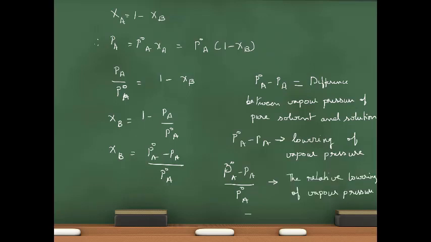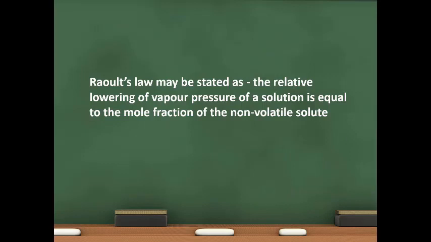And since this is equal to Xb, we can say Raoult's law may be stated as the relative lowering of vapor pressure of a solution is equal to the mole fraction of the non-volatile solute.